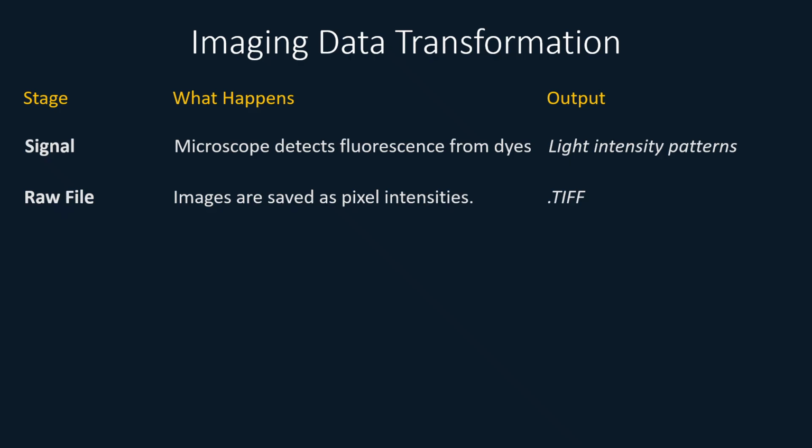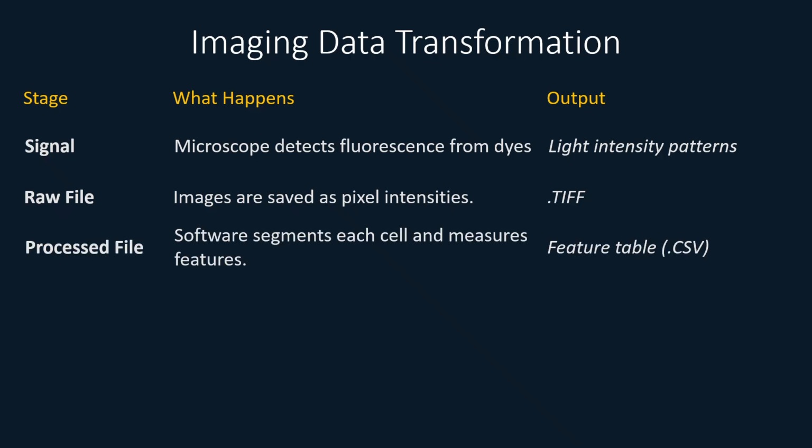And then from TIFF to CSV. Next, image analysis software segments individual cells and computes features like area, shape, intensity, texture, and more. Every feature depends on segmentation quality.